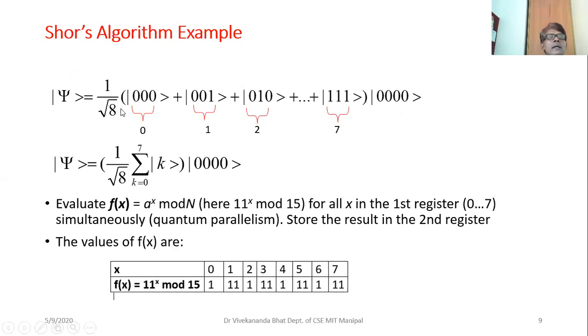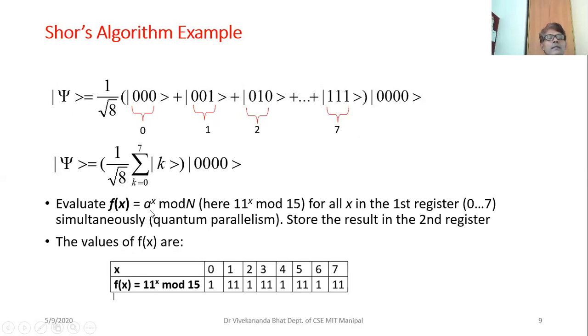You will get 1 by root 8 times ket 0 0 0, in decimal it is 0, plus ket 0 0 1, in decimal it is 1, etc., up to ket 1 1 1, in decimal its value is 7, into ket 0 0 0 0. So if you make use of this summation, ket psi is equal to 1 by root 8 sum over k from 0 to 7, where k is the decimal value, ket k, and ket 0 0 0 0.